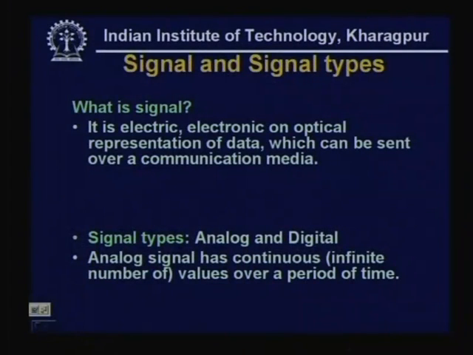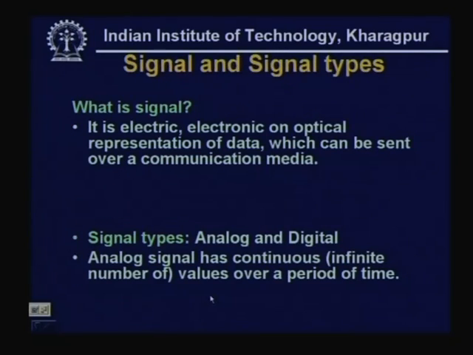Then that light can be communicated through the optical fiber medium, or sometimes we send it in the form of a magnetic field. So, we can say it has to be some form which can be electric, electronic, optical, or some electromagnetic signal.